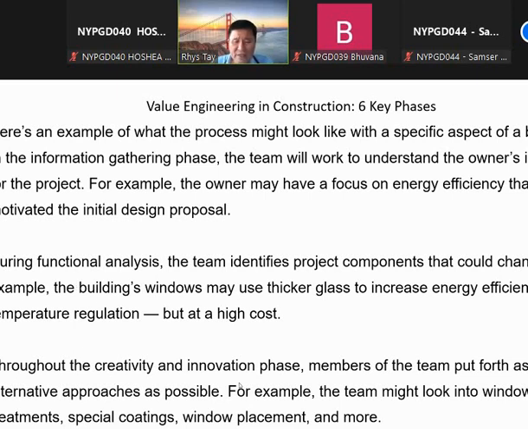Throughout the creativity and innovation phase, members of the team put forth as many alternative approaches as possible. For example, the team might look into window treatment, special coating, window placement, and more. Okay, for example, at this so-called energy saving building.